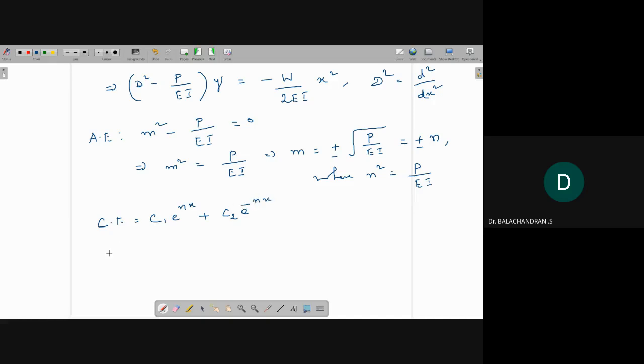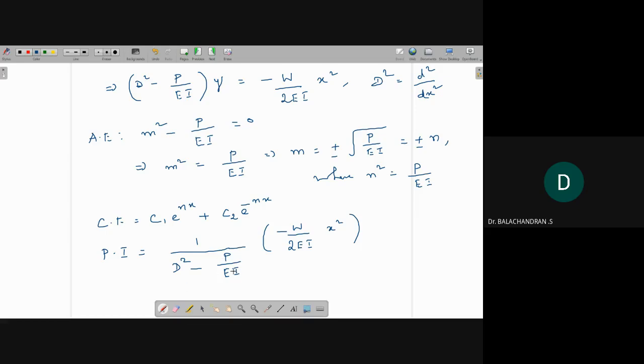So now, what is the particular integral? PI equal to 1 by D square minus P divided by EI, into the right hand side, which is minus w by 2 EI into x square. This is an algebraic function, so it is type 3. We should write the denominator in the form of 1 plus x or 1 minus x.